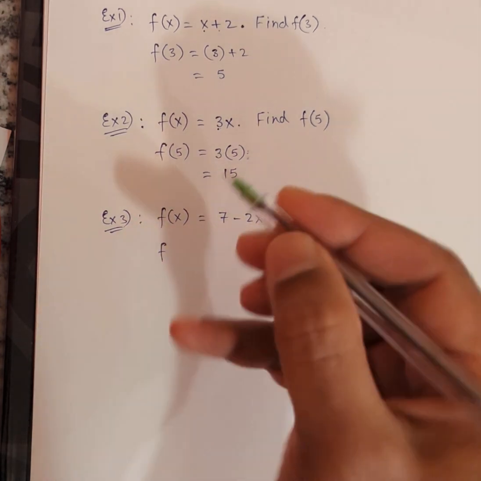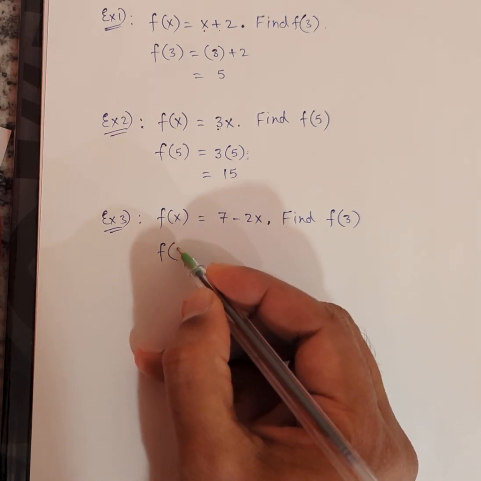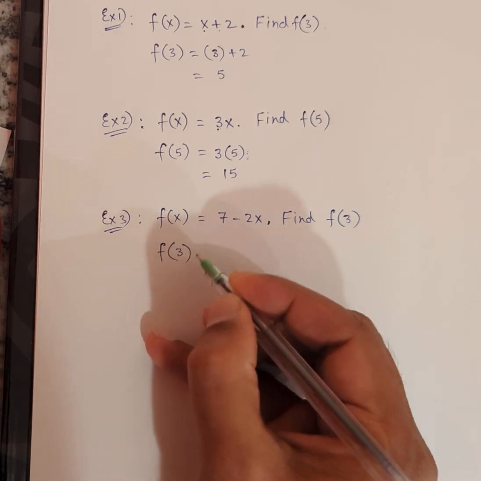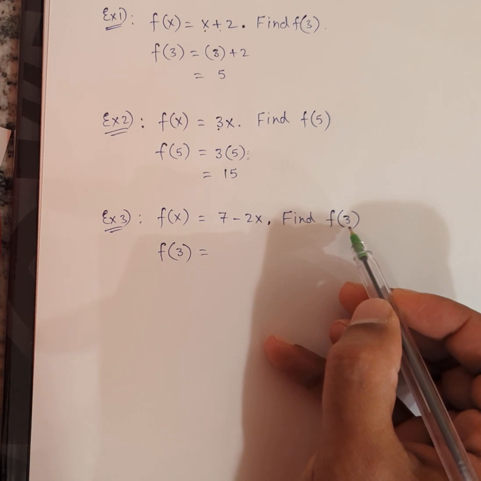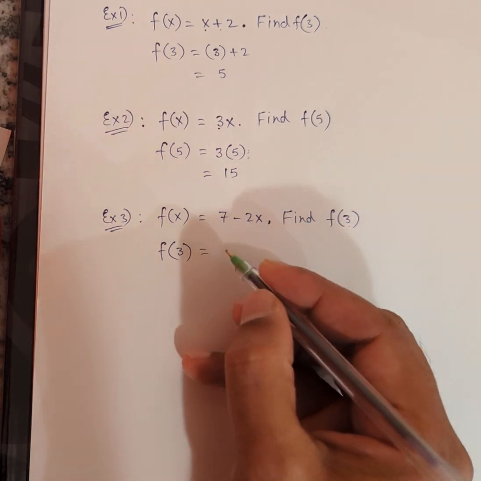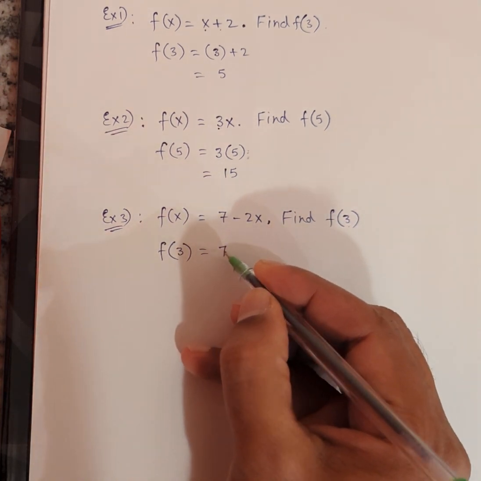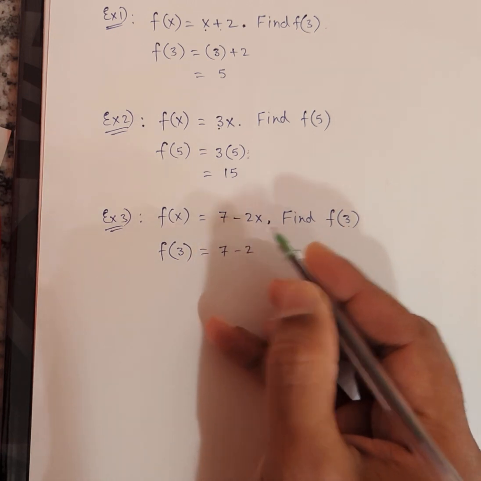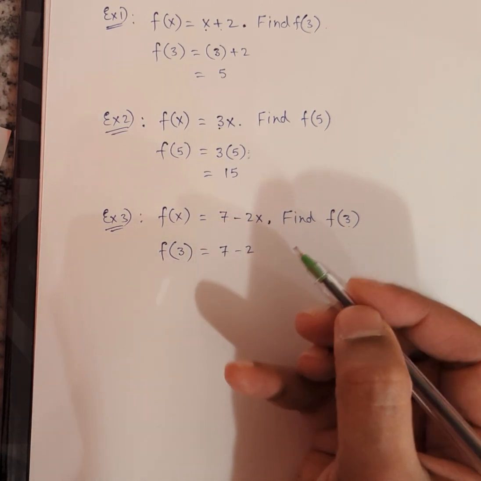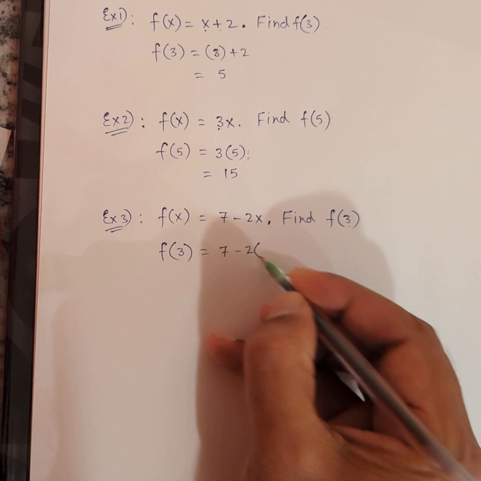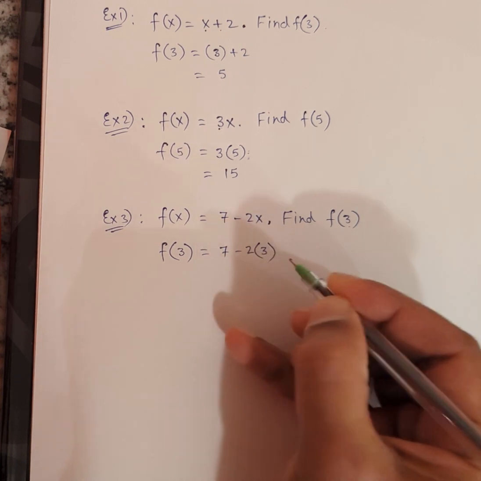Again, just like examples 1 and 2, you're going to replace x with the input specified in the problem, in this case 3, and you're going to write 7 minus 2, and remember 2x means 2 times x, so it's 2 times 3.